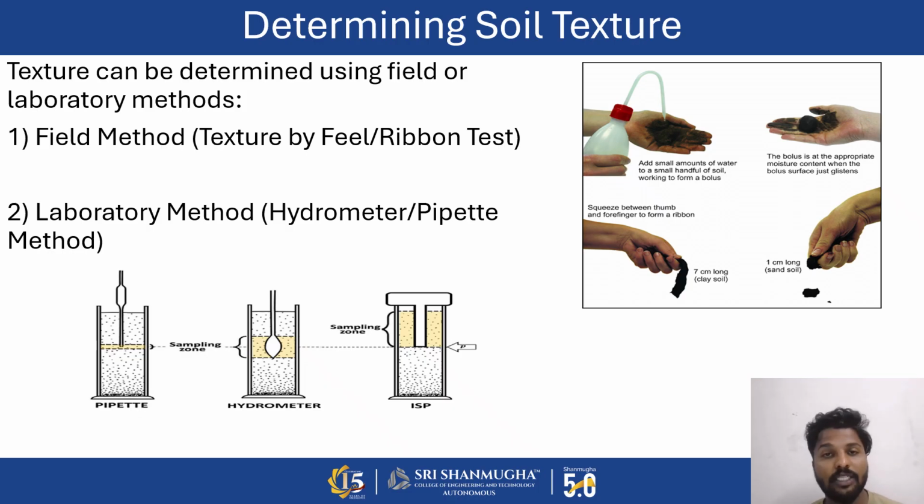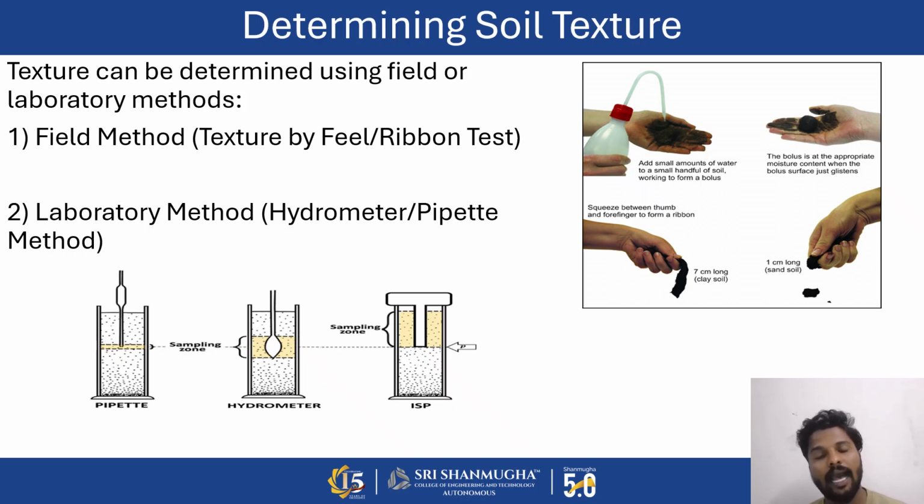So this slide provides a visual for the texture determination method. The first one is the field method, that is called the ribbon test. You can see on the right side how the procedure is done using our hands. The visual illustrates the steps. First, add small amounts of water to a small handful of soil and work it to form a near bolus. Second, the soil is at the appropriate moisture when the surface just glistens.